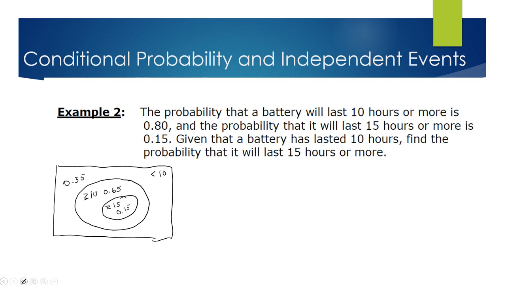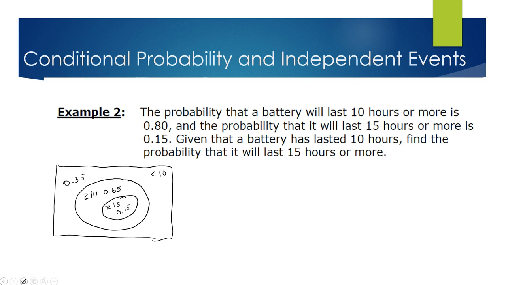So what I have are 3 regions. I have my universal set, one circle or ellipse, and another ellipse. The centermost ellipse is those lasting 15 or more hours, and we were told its probability is 0.15. For those lasting 10 or more, it's supposed to be 0.8 in total, but that includes those who are going to last 15 or more hours.